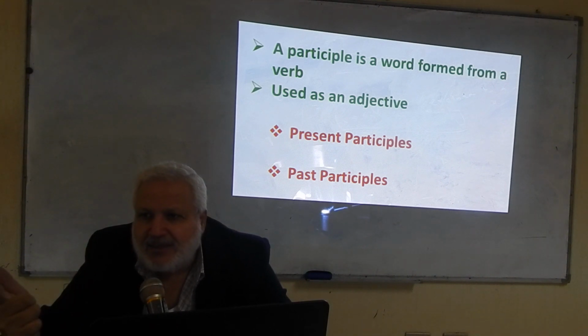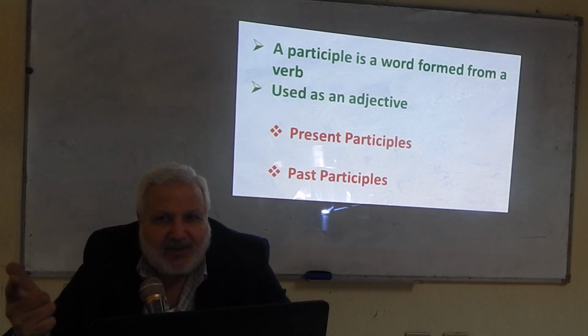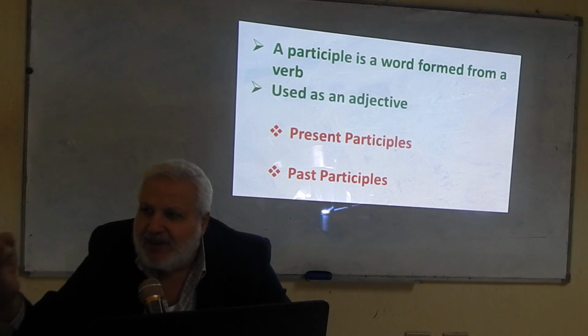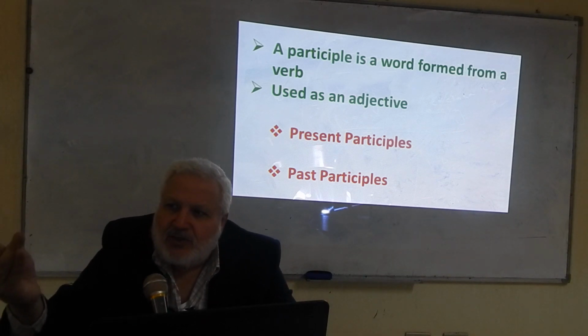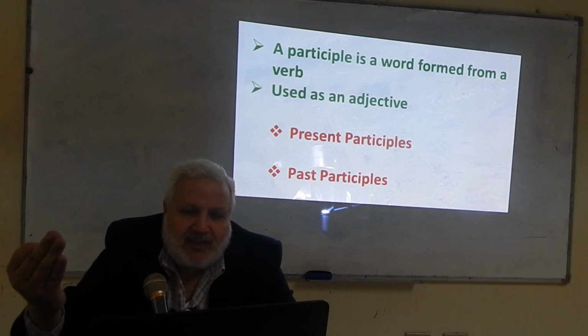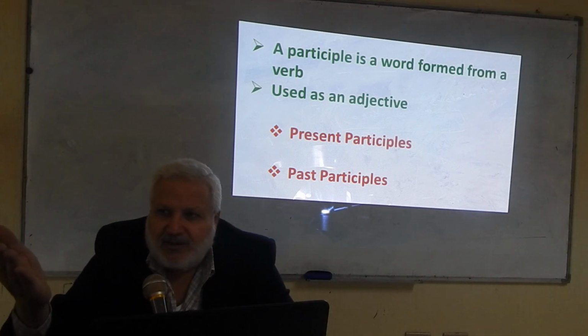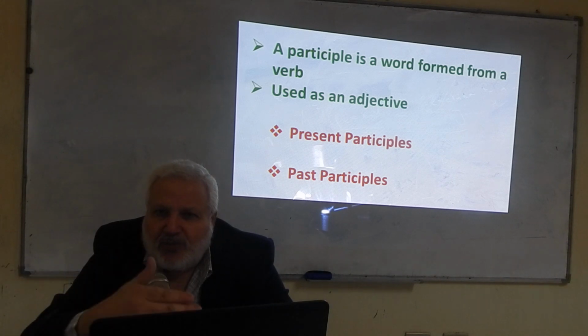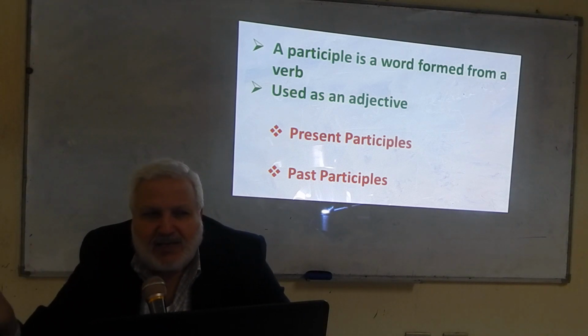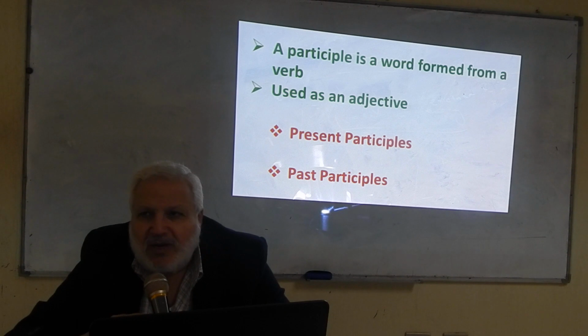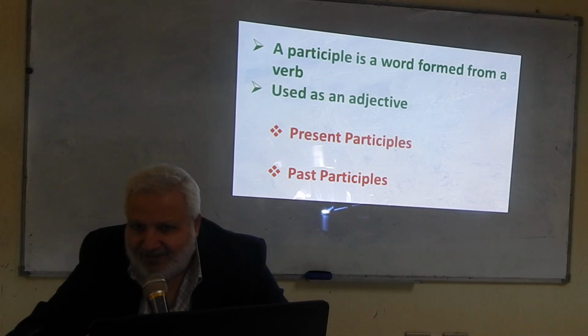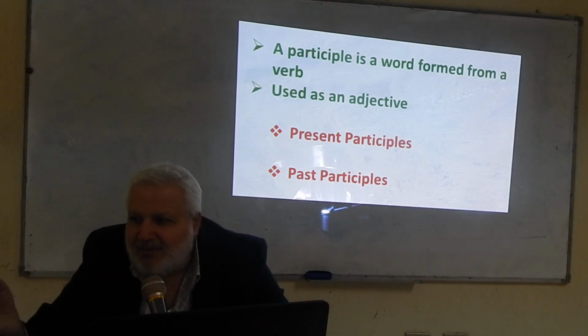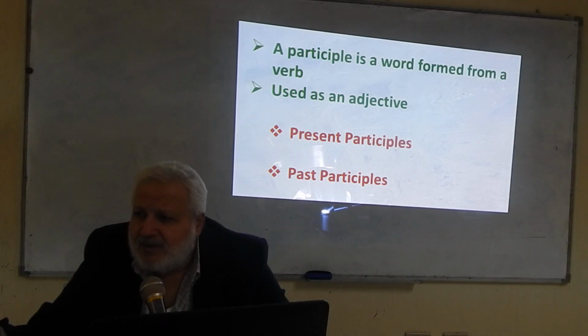But the aspect differs. The aspect is simple, continuous, perfect, and perfect continuous. So when we put the time plus the aspect, we will have 12 tenses. Present, sometimes it's simple, and then continuous, perfect, and perfect continuous.